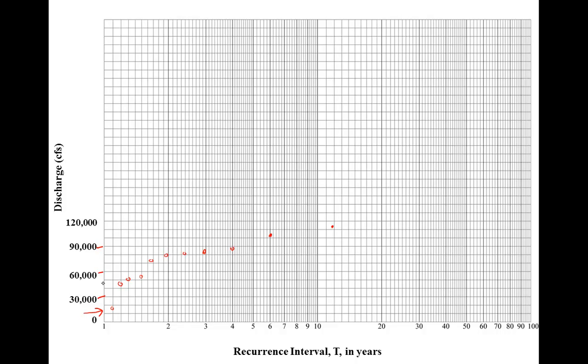We're going to position our line in such a way that we have an equal number of points above and below the line, and we're going to draw it all the way out to the 100-year recurrence interval, and then read off the expected discharge. Expected discharge is about 165,000 cubic feet per second for the 100-year recurrence interval.